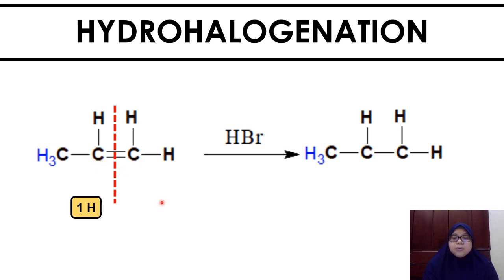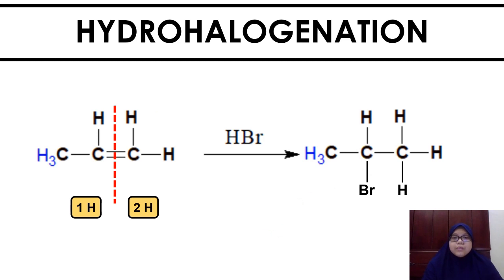And then, the carbon on the right side has 2 hydrogens attached to it, means that the hydrogen of HBr will be added to the right carbon. So it will attach here because this one has more hydrogen. And then our Br, our halogen, will be added to the next carbon, which has less hydrogen.